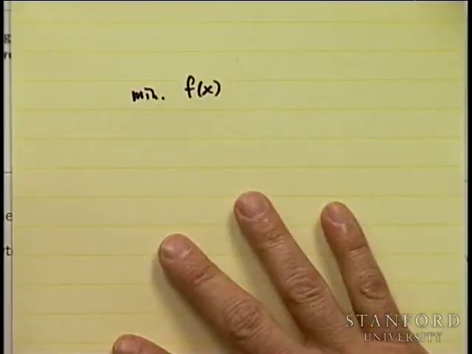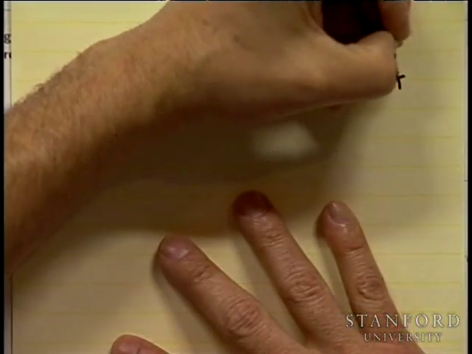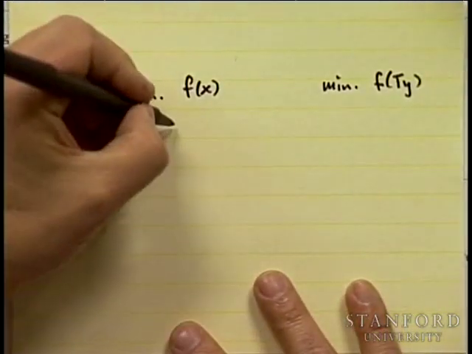Newton's method, actually, you get a commutative diagram. So Newton's method and affine changes of coordinates, they commute. So in other words, if I want to minimize f of x, and I change coordinates, and I do something like I minimize f of Ty here, I'll get a sequence of Newton iterates.